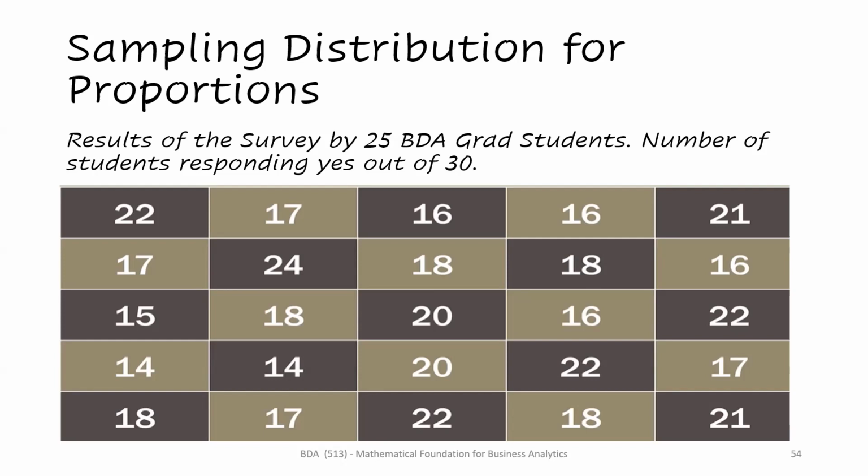But we are interested in those who said yes. So for the first sample, or the first student, 22 people said yes, and so forth for the 25 students that we have. These are the variable of interest. So let's work with this.